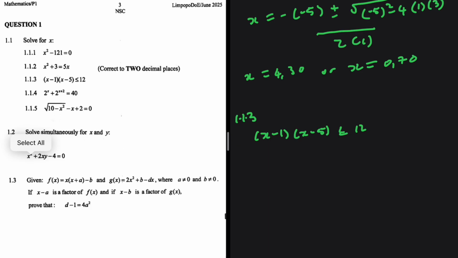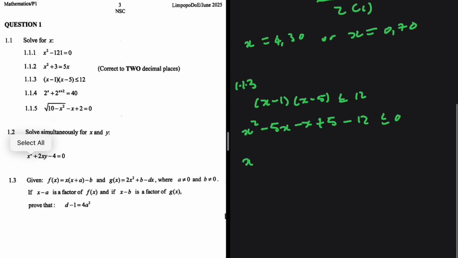When we do that, x squared minus 5x minus x plus 5 minus 12 less than or equal to 0. We're taking 12 to the other side. We're going to get x squared minus 6x minus 7 equals 0. We factorize this, we get (x minus 7)(x plus 1) equals 0.